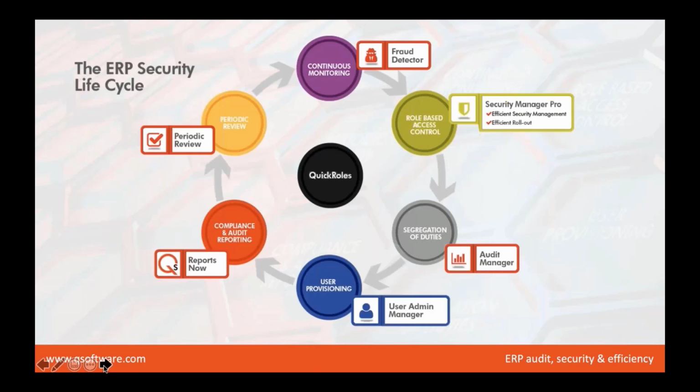The final piece being that you can then go on and implement the rest of our integrated tool set. All of these tools integrate in with JD Edwards: the user provisioning, to enable you to control the way users request access and approval is given. We've got reporting now with Reports Now, as well as the Hubble reporting. Periodic review, the user certification process that you go through with your users.